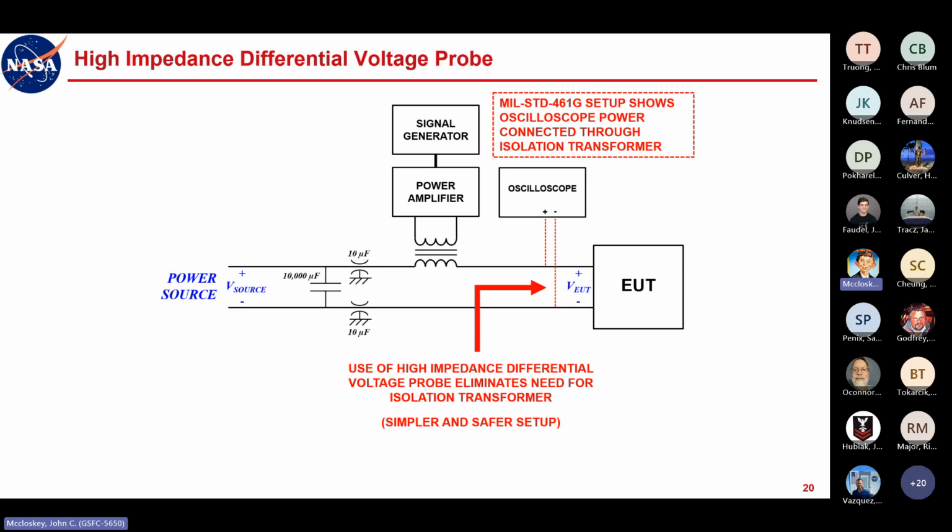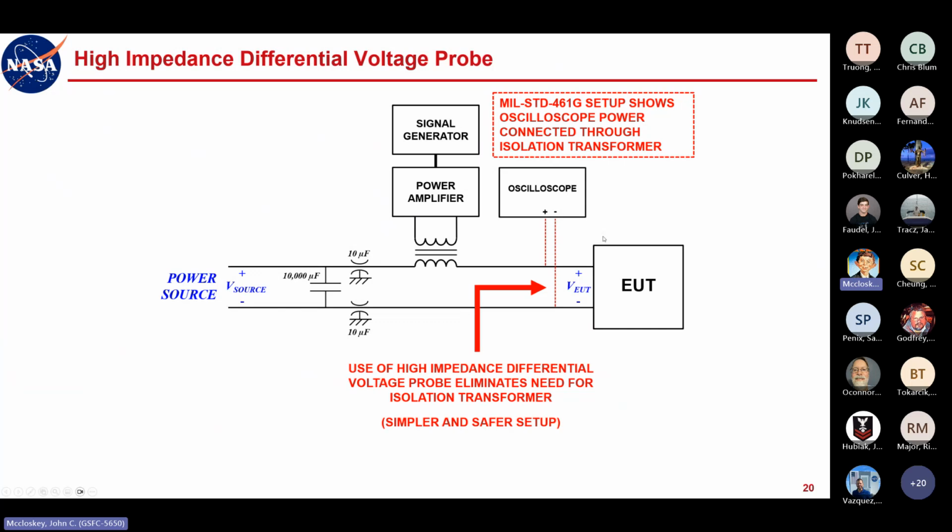All right. Now, the MIL-STD-461G setup shows the oscilloscope power is connected through an isolation transformer. That's all well and good, but it's not really necessary. If you use a high impedance differential voltage probe, it eliminates the need for an isolation transformer. And isolation transformers are a little deceiving or misleading.